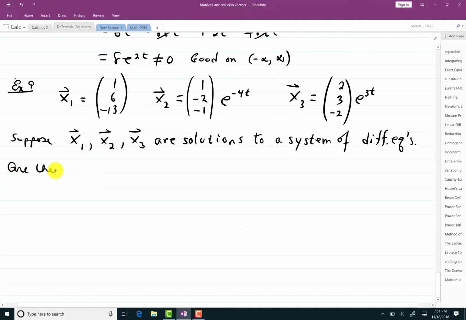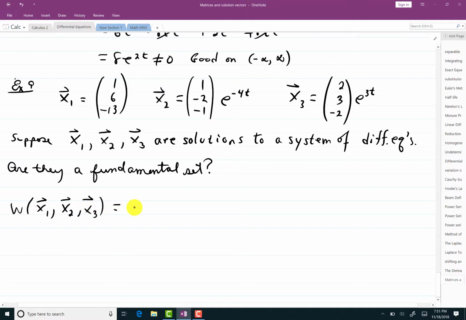Are they a fundamental set? So same deal. I'm going to take the Wronskian of x1, x2, x3 and take the determinant of the following matrix. Here I'll have 1, 6, negative 13. The first column is really nice.